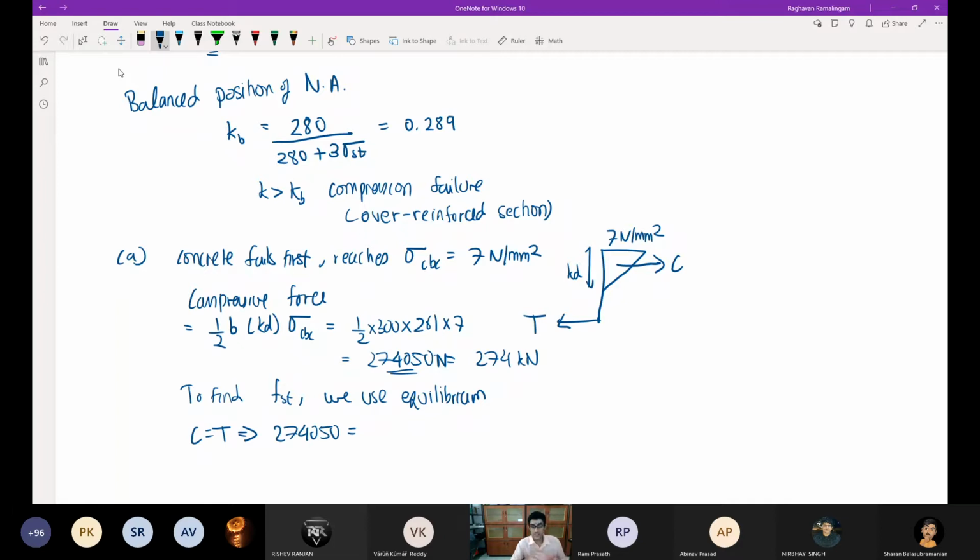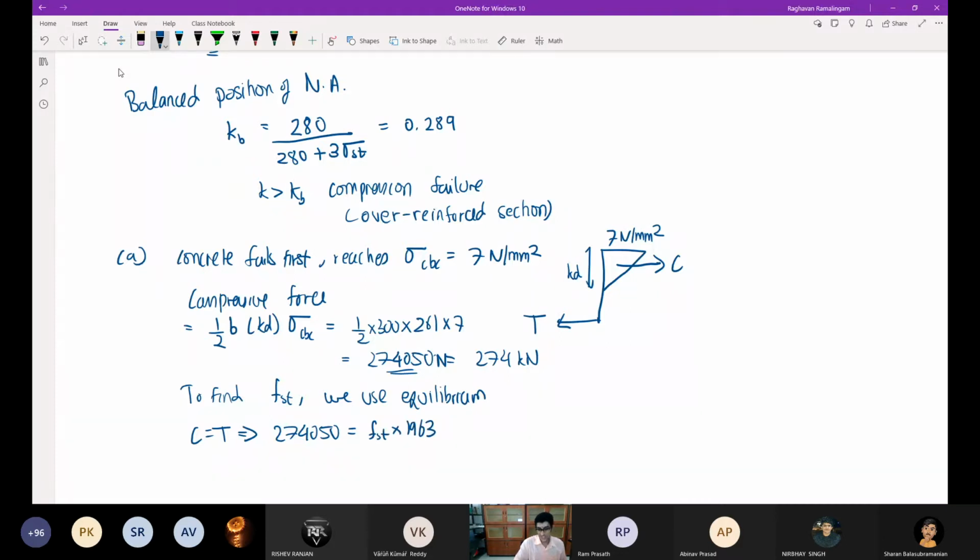We have the total area of steel, 1963. So how do you relate the total area of steel with the stress in steel? If you want to make a conversion between force and area, what is the relation? Sigma into area, sir. Sigma times area gives you force. So FST into 1963.